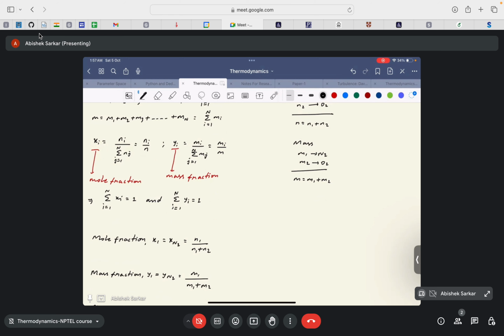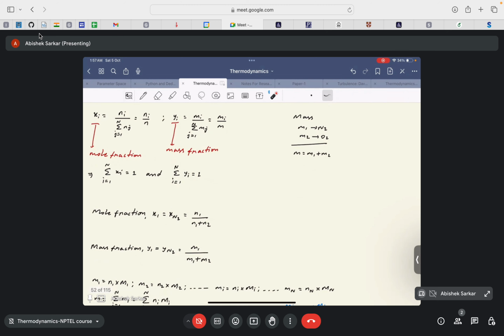This summation of mj will basically give us m, where m is the total mass of gases in the mixture. And the numerator mi denotes the mass of the particular type of gas whose mass fraction we are going to evaluate. So I hope this definition was clear.